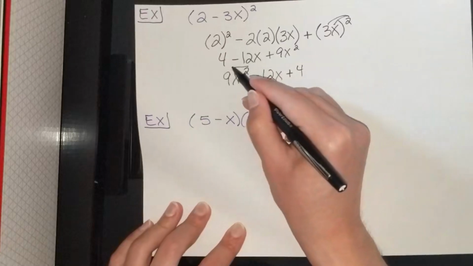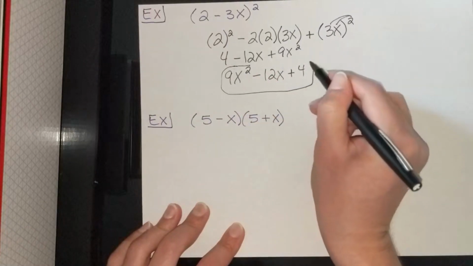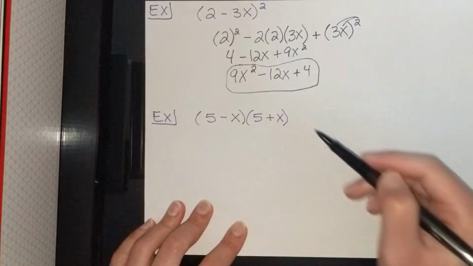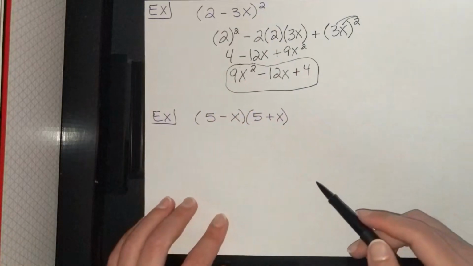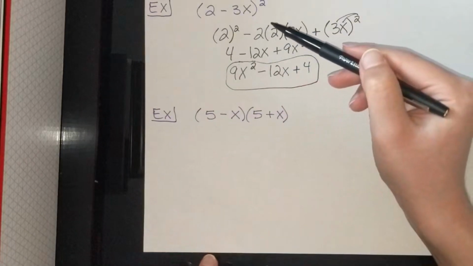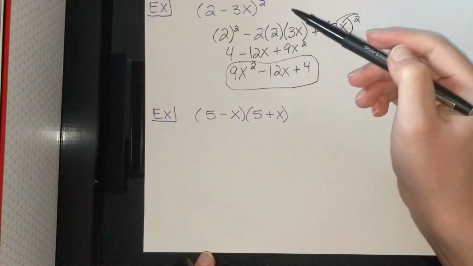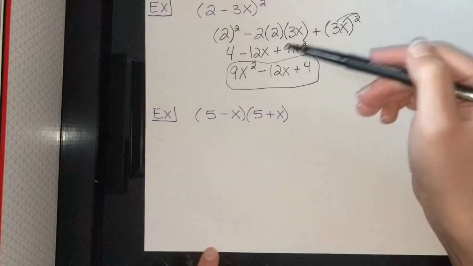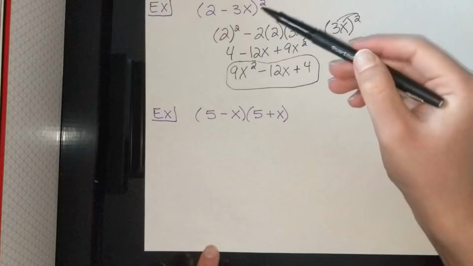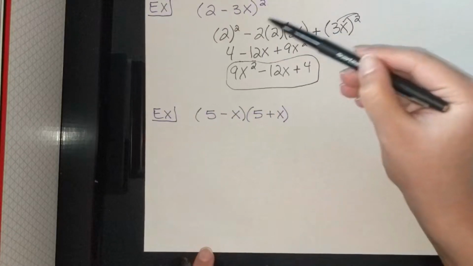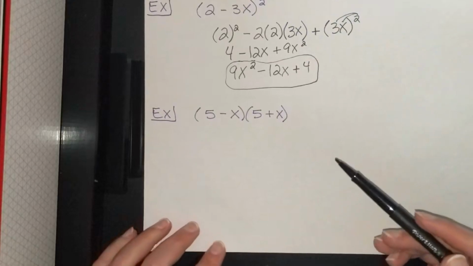And this is the multiplied form of 2 minus 3x quantity squared. We could have just done foiling or the distribution method, whichever you're more comfortable with, or the box method. All of them will work, but this is just a quick way to approach these problems. This formula will always work out for problems of this form.